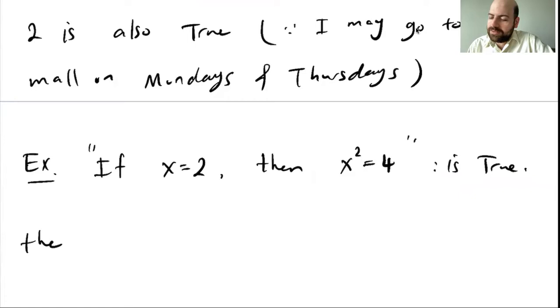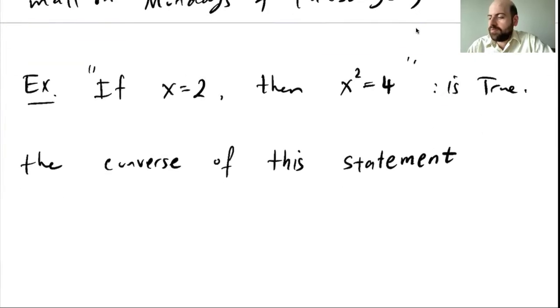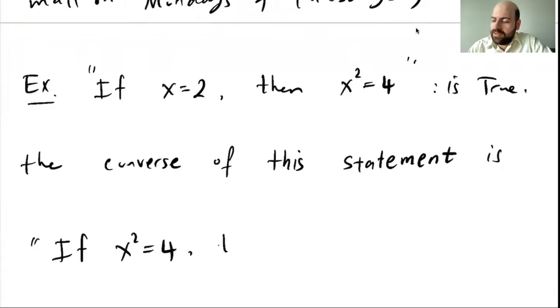The converse of this statement is: if x squared equals 4, then x is equal to 2. Is this also true?